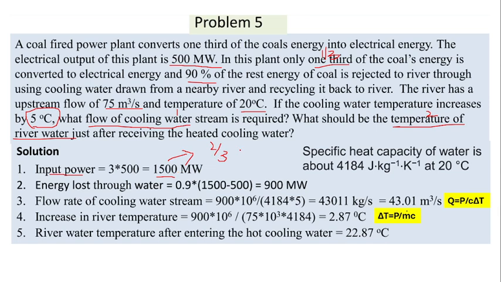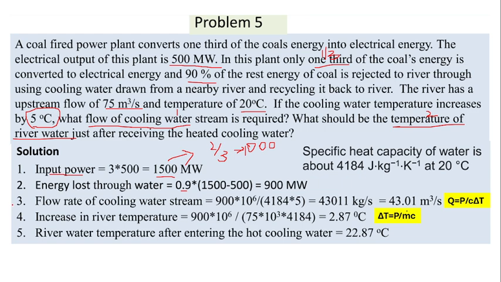Two-third, which is 1000 megawatt, is not converted. Only 500 is converted as electrical energy. So in this 1000 unconverted energy, 90% is lost through the water. So we are multiplying 1000 into 0.9, which is 900 megawatt. This is lost through the water.